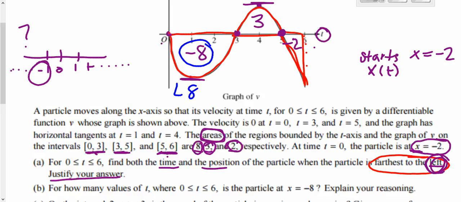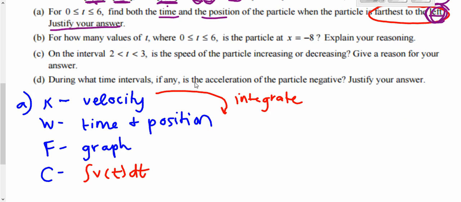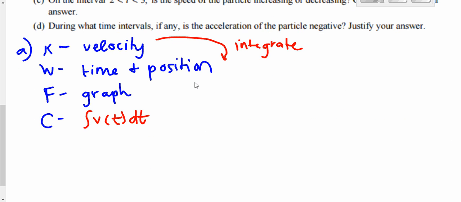Okay? So if we wanted to figure out some integrals, because we're trying our best to use this graph to learn how to integrate, right? So we are integrating velocity in a hope to find position and where it's farthest to the left.